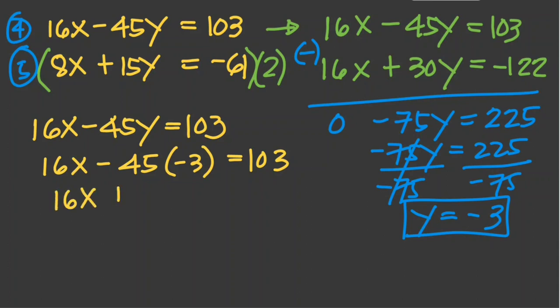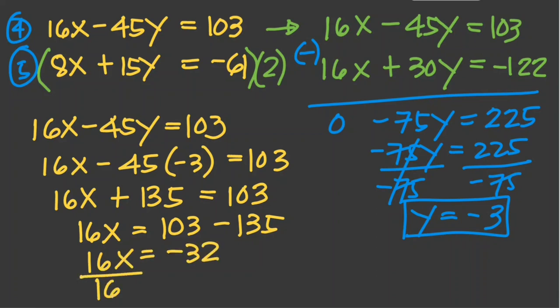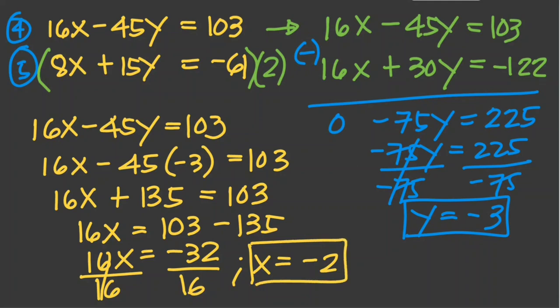So 16x plus 135 equals 103. Then 16x equals 103 minus 135, which is negative 32. We divide both sides by 16. Therefore, x is equal to negative 2. And now we can solve for z.